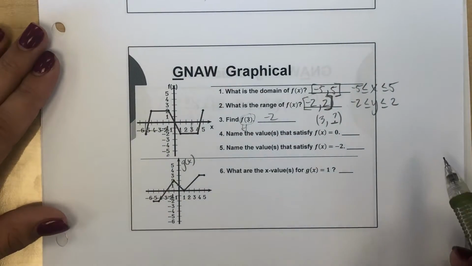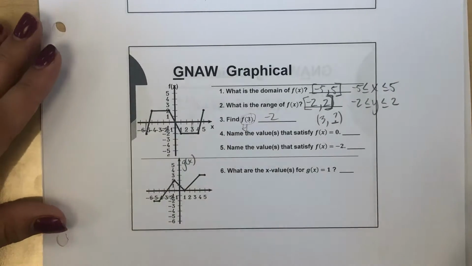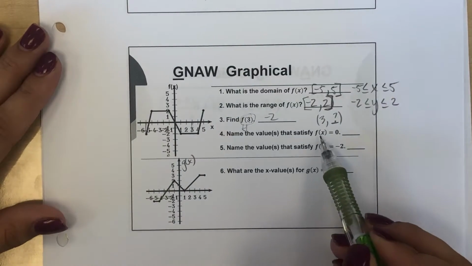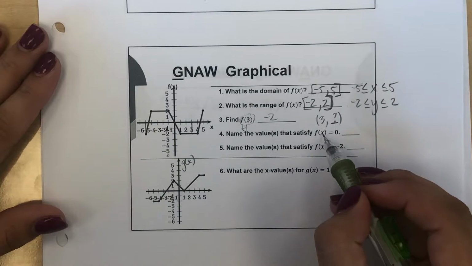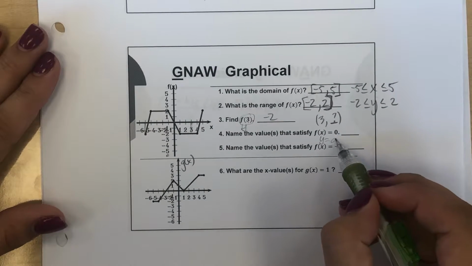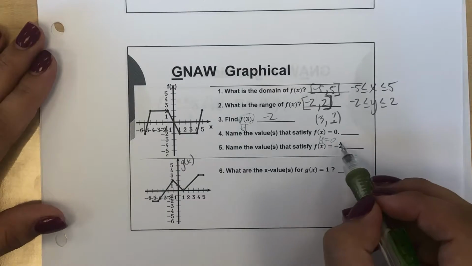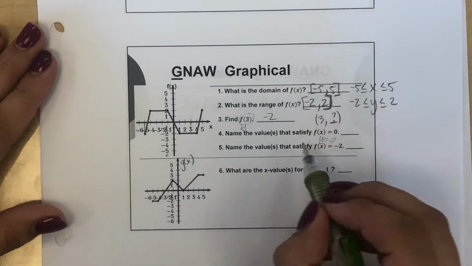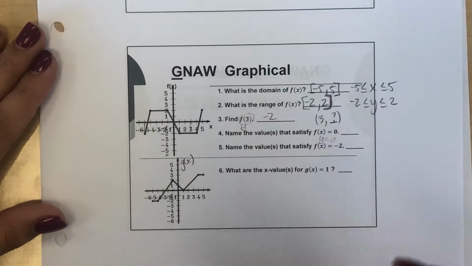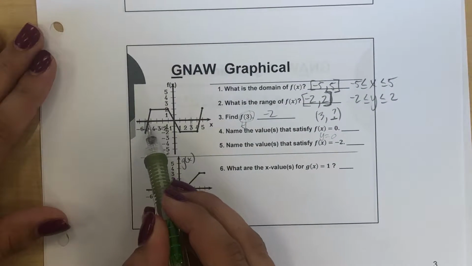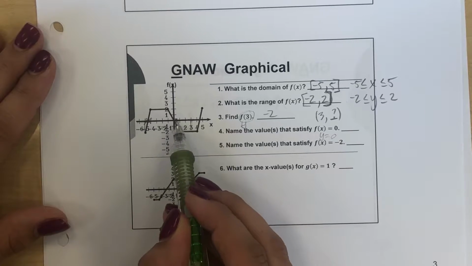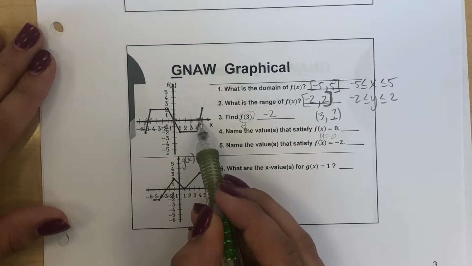-2. Numbers 4 and 5 are a little trickier. So name the values that satisfy f of x equals 0. So this is basically y equals 0. So the y is 0, and I want you to give me the x values now. See how it's the opposite from number 3? So the y's are 0 right here, and right here.